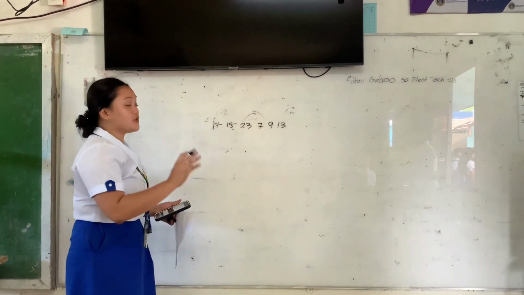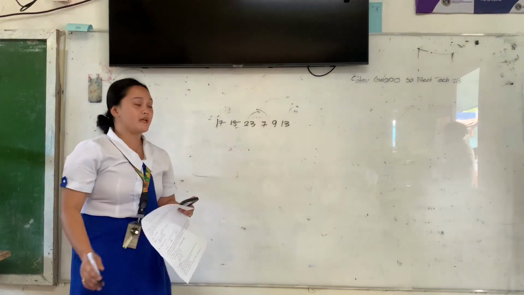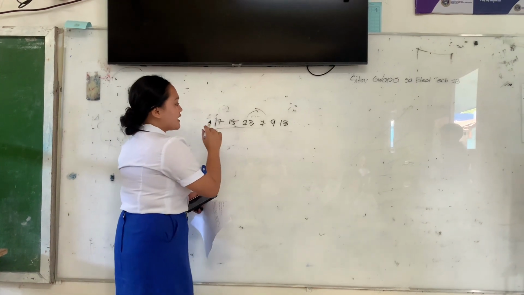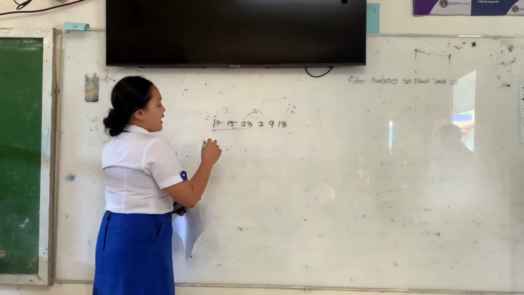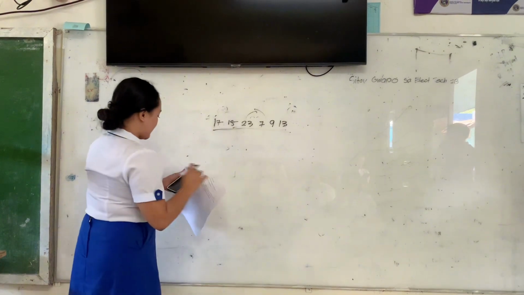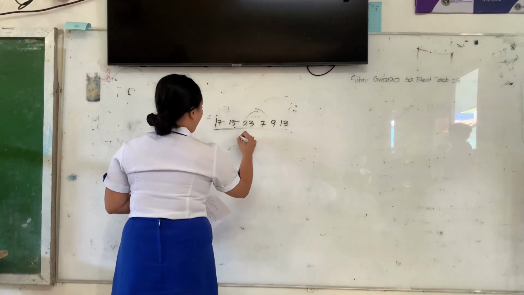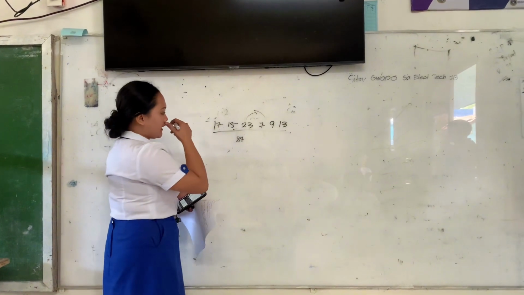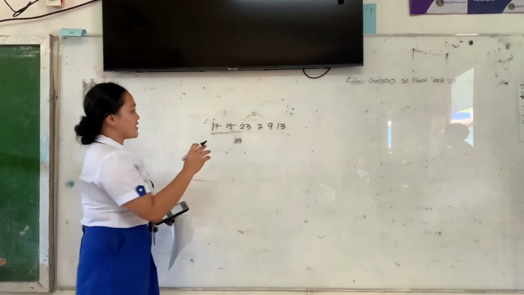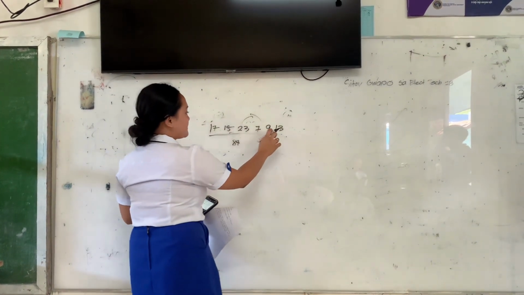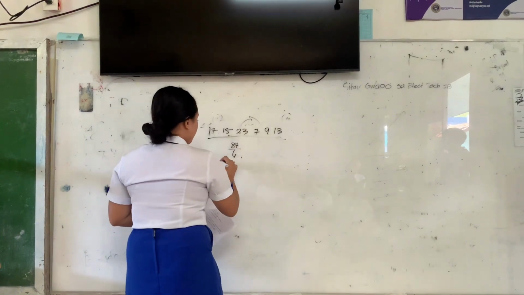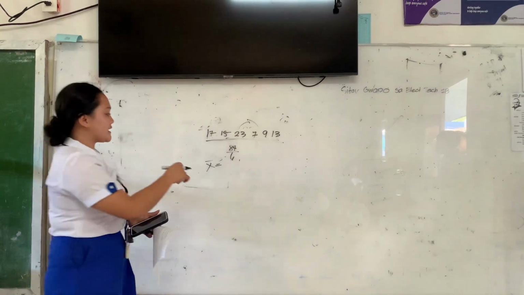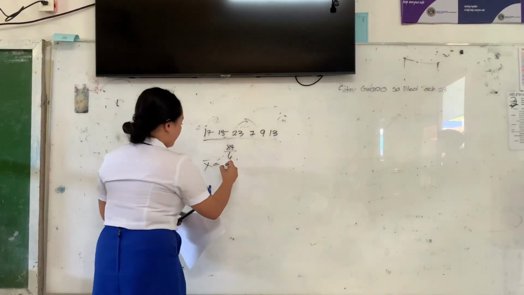To get the variance, first you need to get the mean. To solve the mean, you add all the data and divide by the sample number. The sum of all the data is 84, and you divide it by how many numbers are in the data: 1, 2, 3, 4, 5, 6. Divide by 6. This symbol stands for mean. So our mean here is 14.